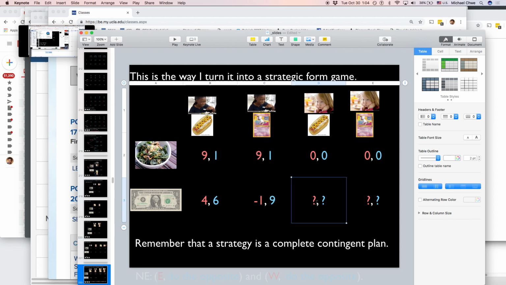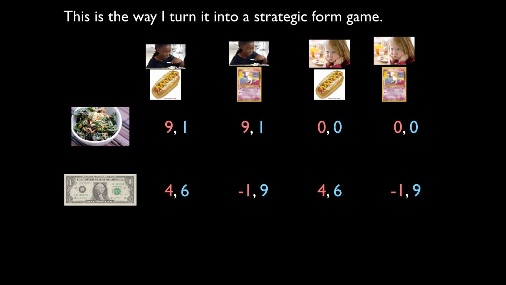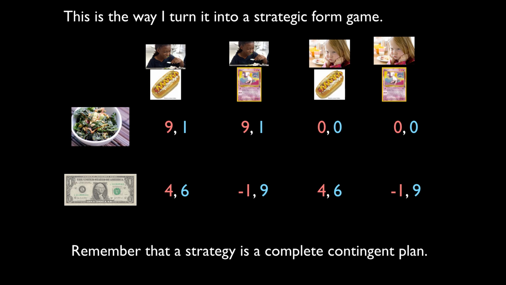Dad gives money, kid does what? Hot dog, 4-6. And then this is -1. Does it make sense? This is how I turned it into a strategic form game.